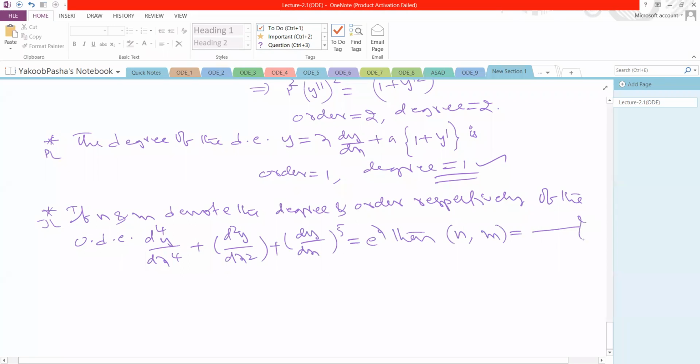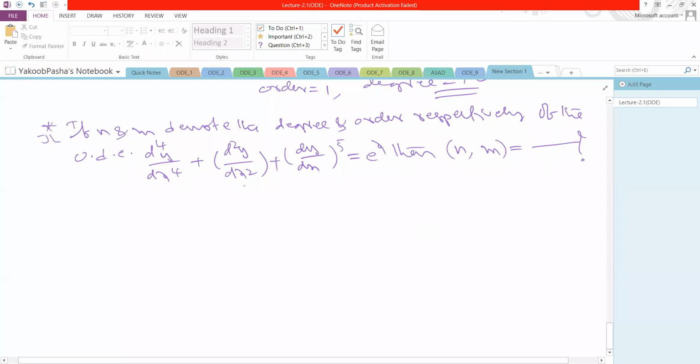Okay, this is the question. Now, n denotes the degree and m denotes the order.